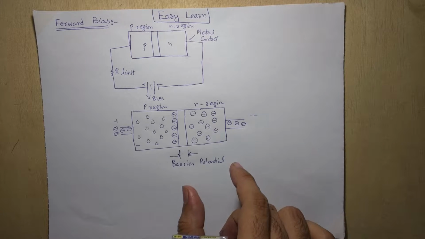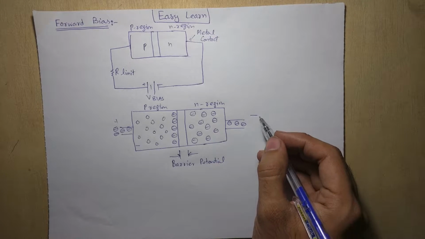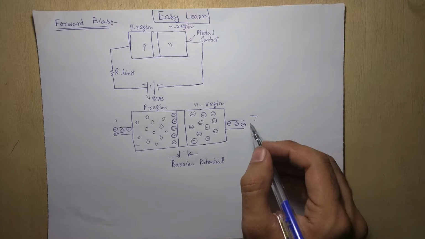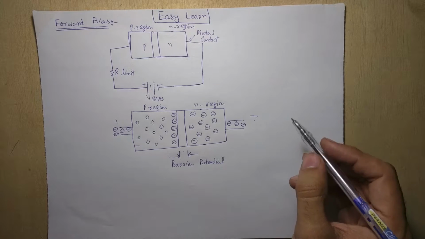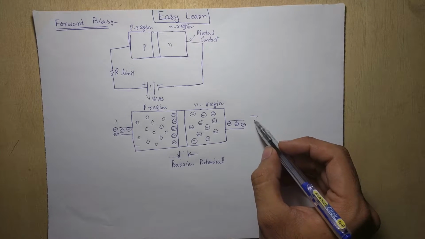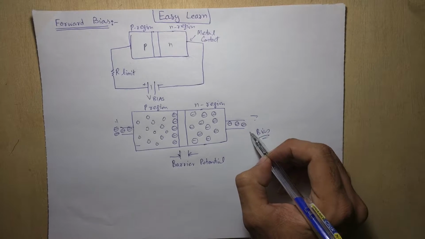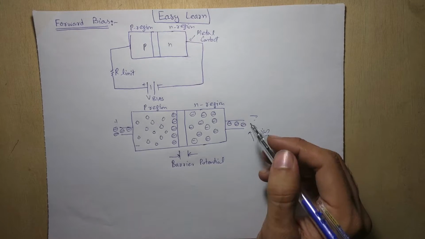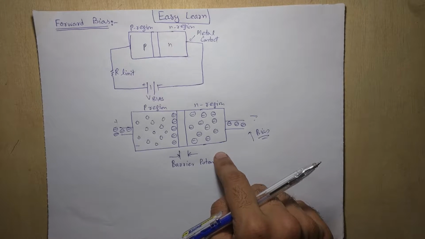You know that like charges repel each other. When I connected the source, this is the negative potential, and negative is connected here. Like charges repel, so the negative side of the bias voltage source pushes the free electrons, which are the majority carriers in the N region, towards the PN junction.